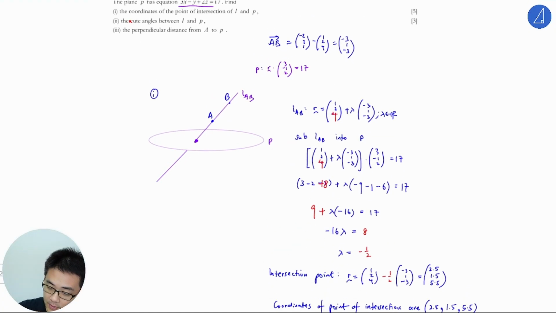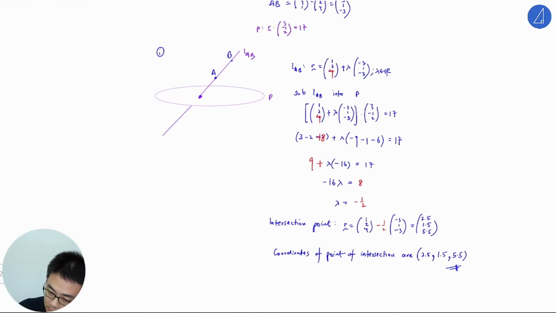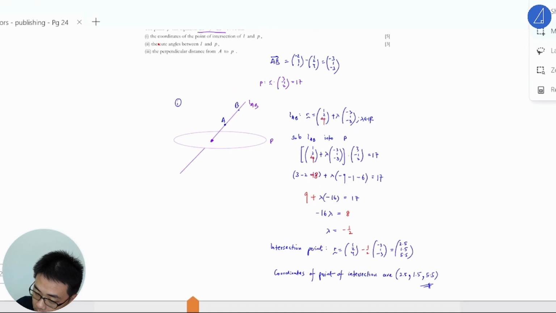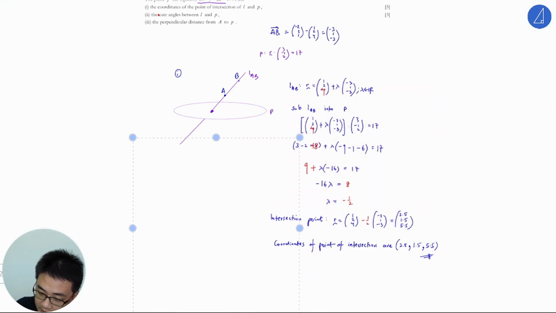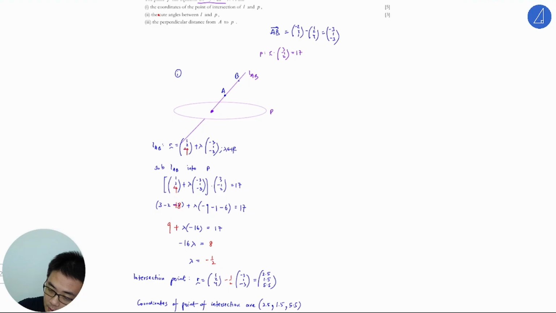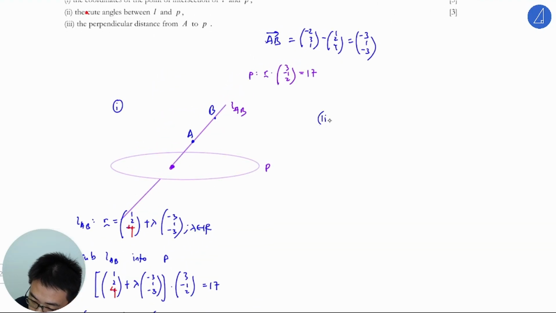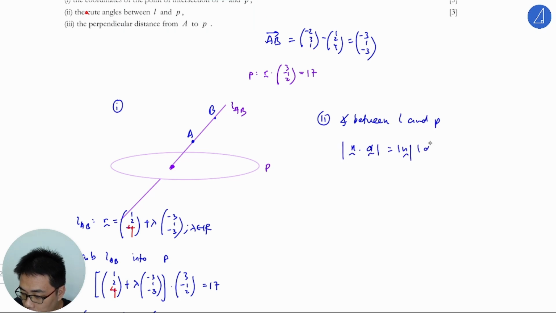So angle between L and P shouldn't be a problem. Can just use sine. I'm going to use sine there. Part 2. Angle, mod n mod d cosine 90 minus theta. But cosine 90 minus theta is actually sine theta.